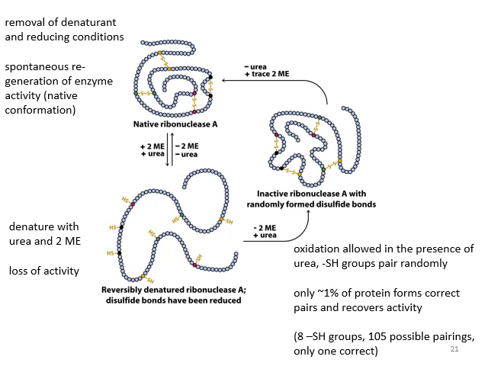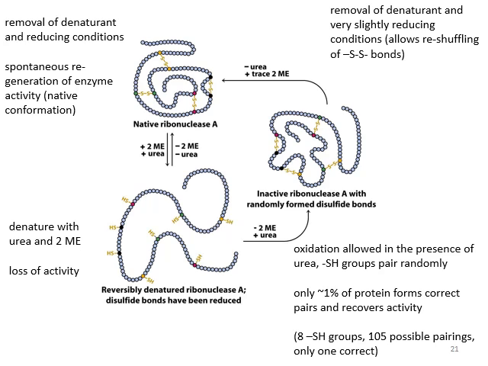The reason why we think it worked is that by leaving little amounts of mercaptoethanol, just trace amounts, those misformed disulfide bonds could be reduced and have a chance to reform again. And in fact, this is what Anfinsen found. And so, removal of the denaturant and very slightly reducing conditions allowed reshuffling of the sulfhydryl bonds. And this allowed for activity to be regenerated.